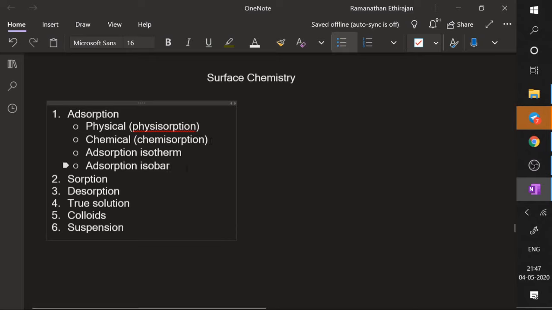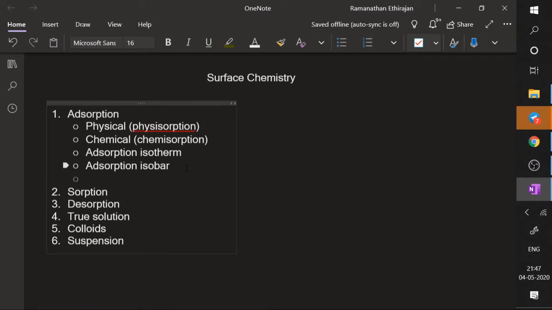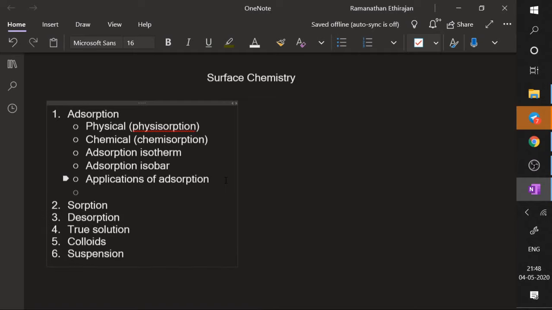Then we need to explain about applications of adsorption. In the case of application of adsorption, we'll be discussing an extensively very important topic called catalysis.